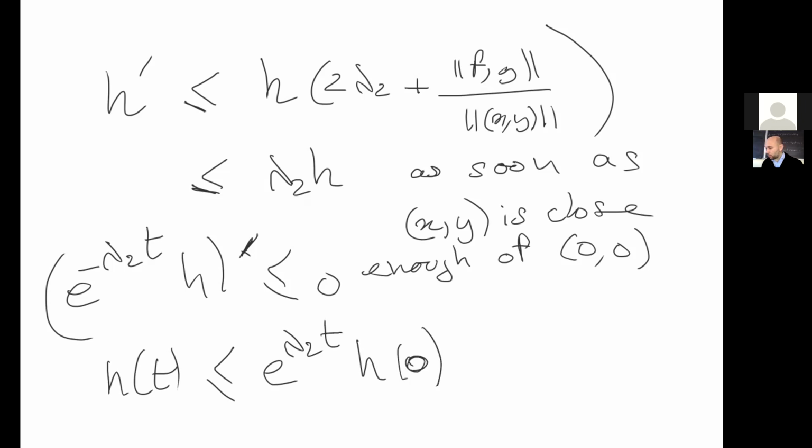So now my H of t is decreasing, so my x and y will always stay in this small ball, right? And I get the stability and the asymptotic stability. That's it.